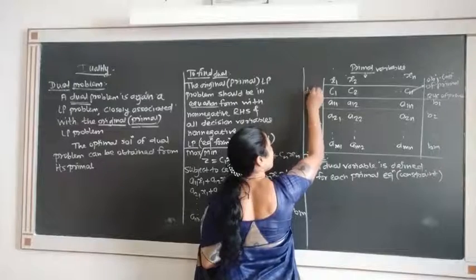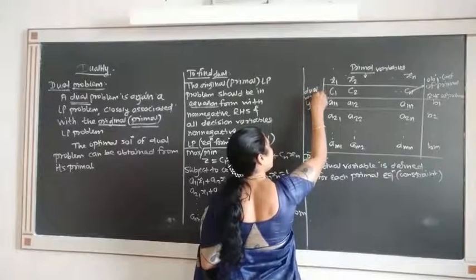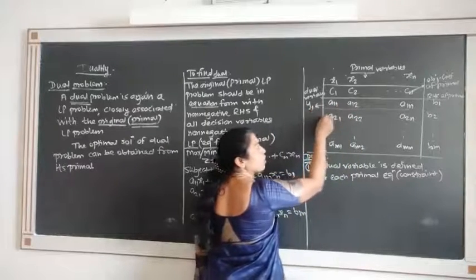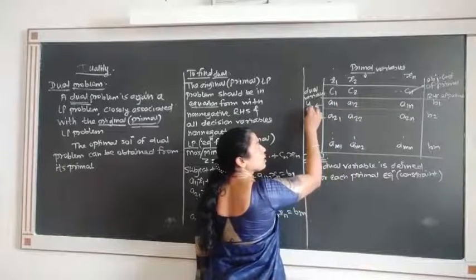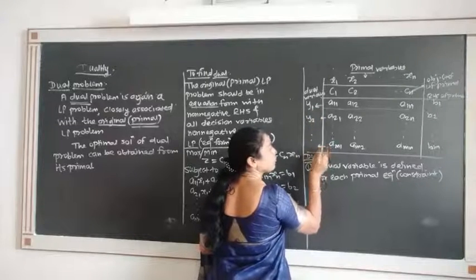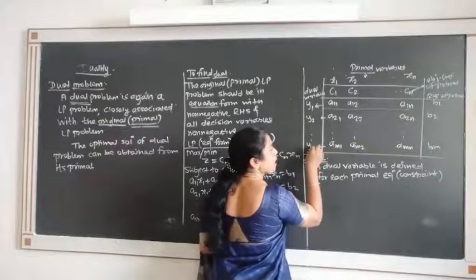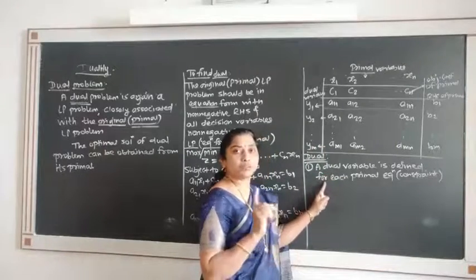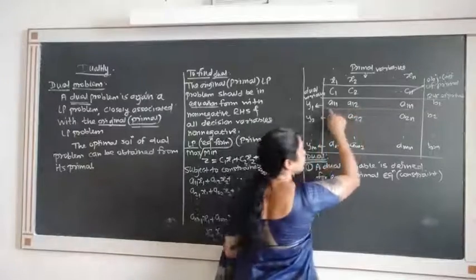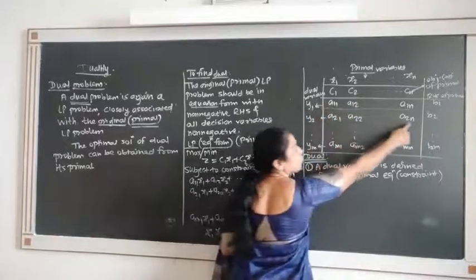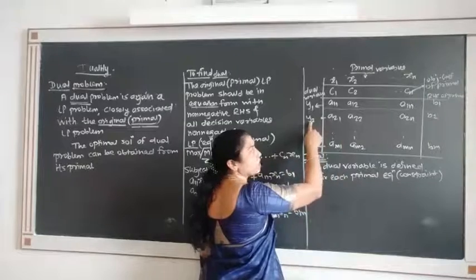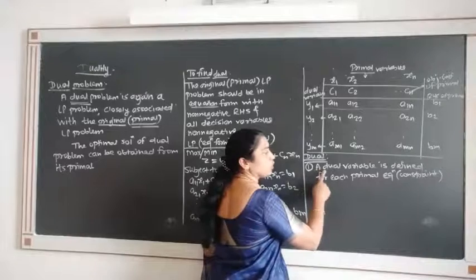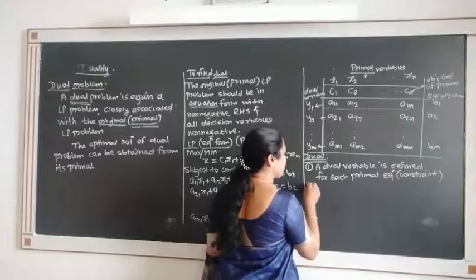So these are the dual variables, defined for each primal equation. For the first primal equation we will define y1. For the second primal equation, our second dual variable will be y2, etc. For the mth primal equation, the dual variable will be ym.